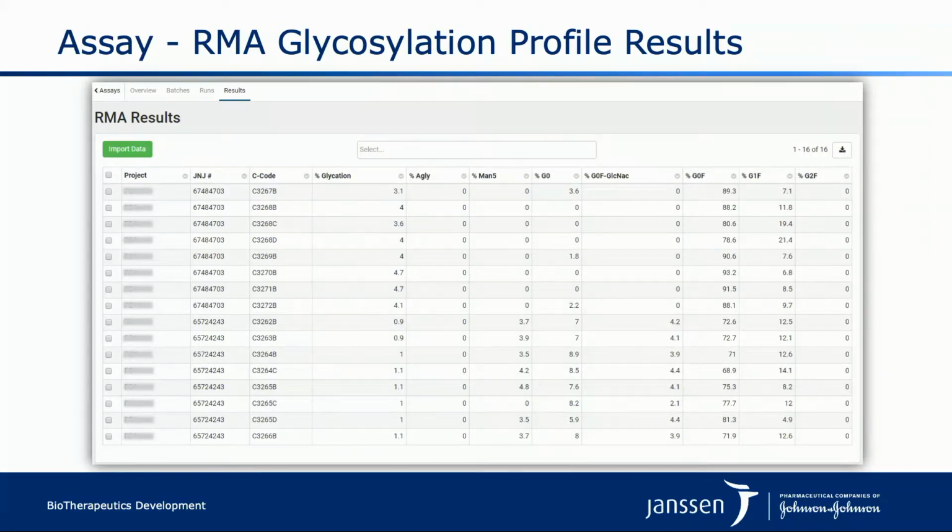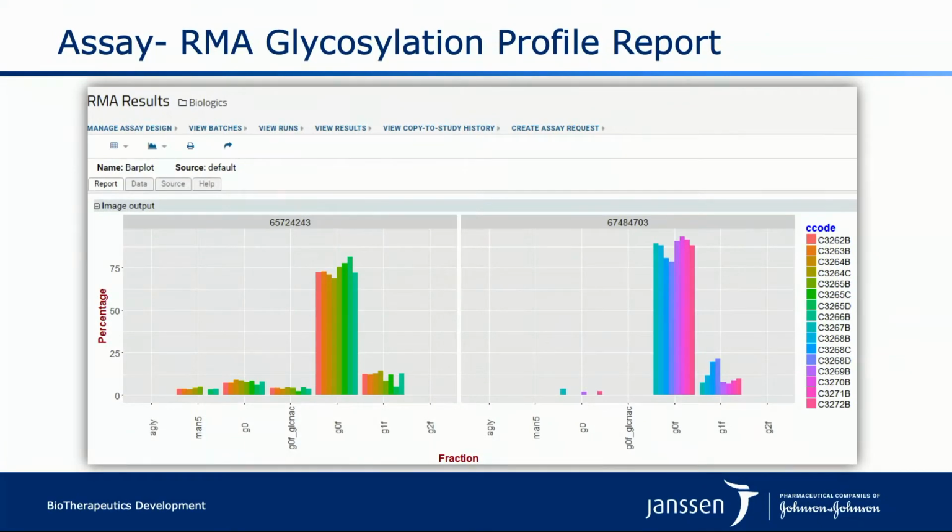By putting this together, which I can show you in this slide, we're not only looking at one molecule across different clones, seeing different glycosylation profiles, we're also able to compare 2 different molecules which target the same target.